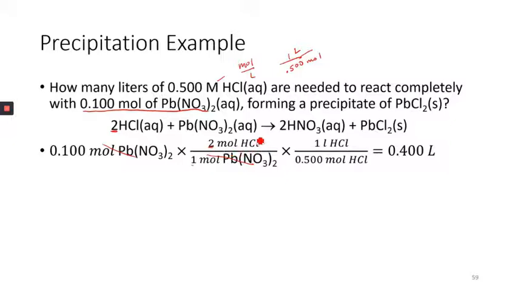Because I am ending with moles of hydrochloric acid, and I need to cancel that out, and I'm looking for liters of HCl. So once I do all that, I get that I need 0.400 liters of 0.5 molar HCl. And why did I write all these zeros here? Well, if we're using sig figs, this has 3 sig figs, and our answer should have 3 sig figs.